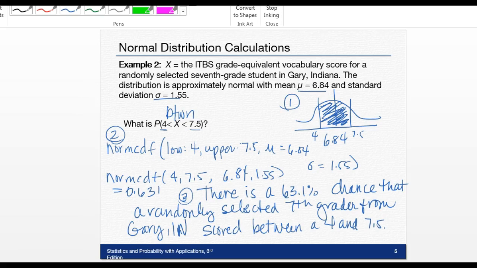Okay? Gotta have the sentence fully in context. All right?